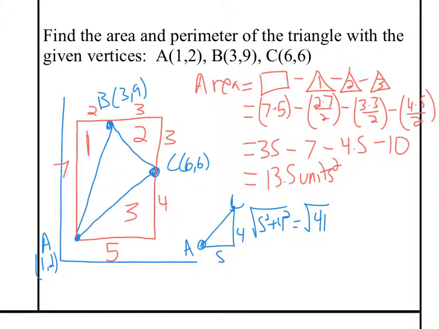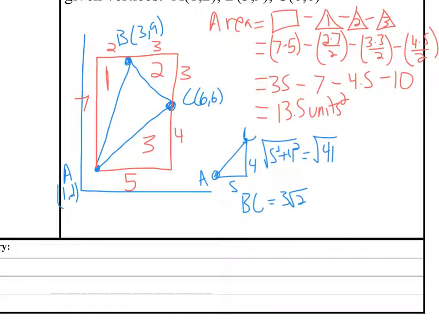For BC, that's one of our shortcuts. It's a right triangle with 3 and 3, so our distance is 3 root 2. And for AB, it would be the square root of 7 squared plus 2 squared, so that would be 49 plus 4, which is 53.